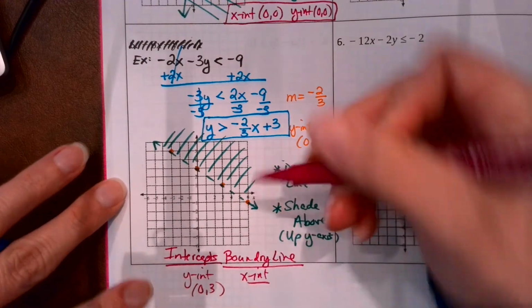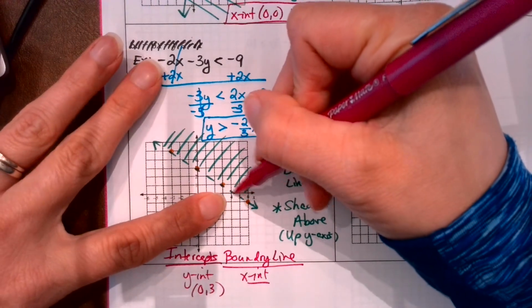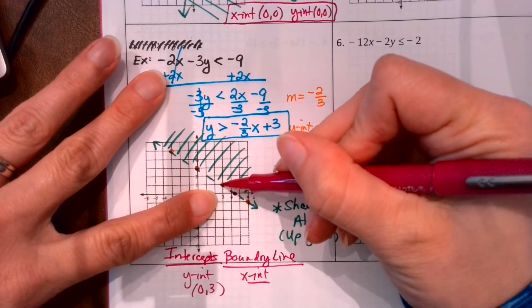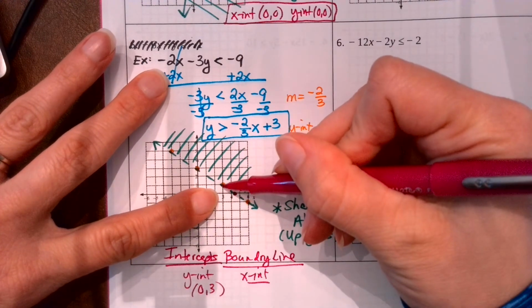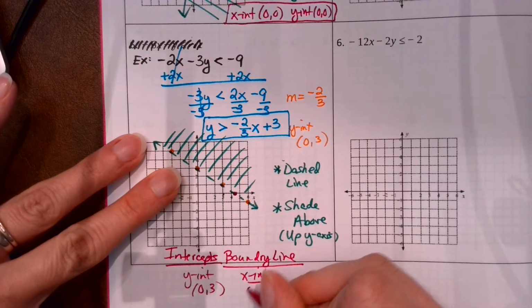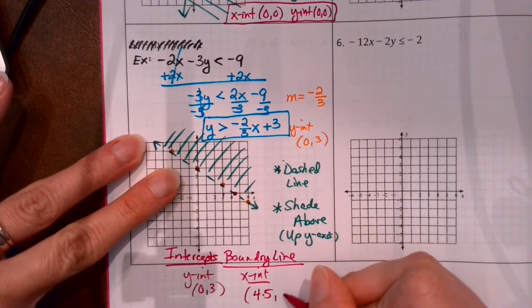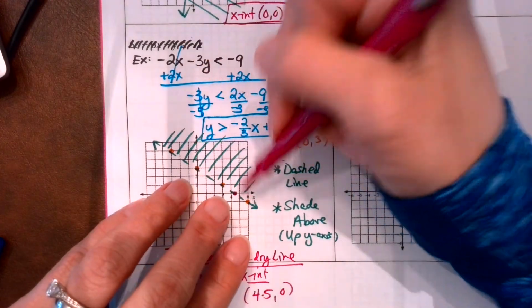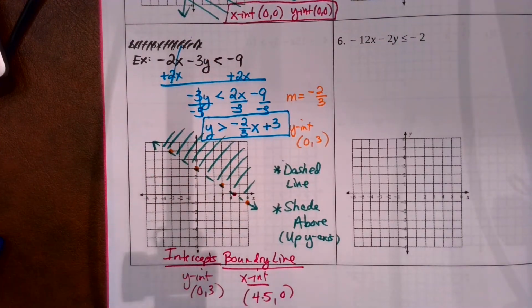And then the x-intercept, oh, the x-intercept is somewhere right here. I know if I go down 2, I go over 3. So if I go down 1, it's 1.5. That was kind of tricky. So the x-intercept is 4.5, 0. Those are the intercepts of the boundary line of that shaded region.